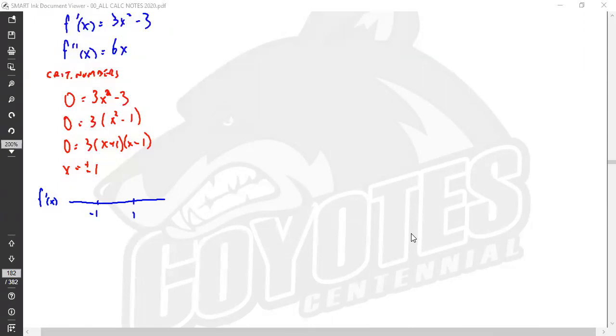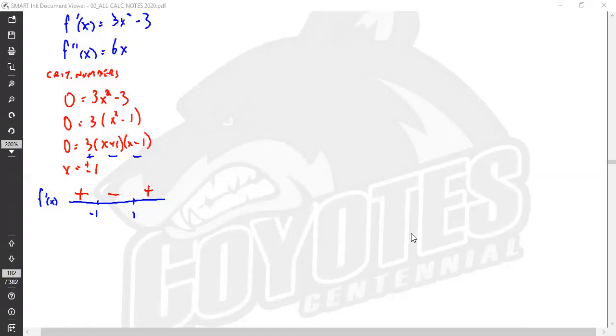And what happens in our intervals? If x is -2, then this would become 3, which is positive, times -2 plus 1, which is negative, times -2 minus 1, which is negative, so this interval is positive. Between negative 1 and 1, when x is 0, it's just negative 3, and so this ends up being negative in that interval, and then it ends up being positive after that.